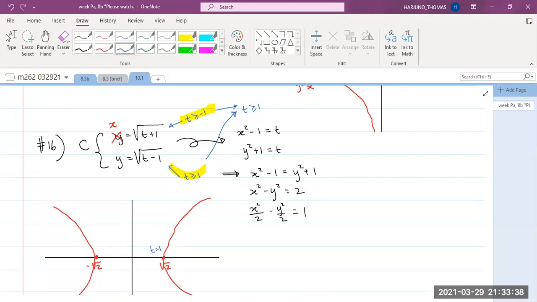Therefore, the graph of that parametric curve only goes this way. It's from here, go that way. That's the curve C. Not the whole hyperbola, only the blue part.